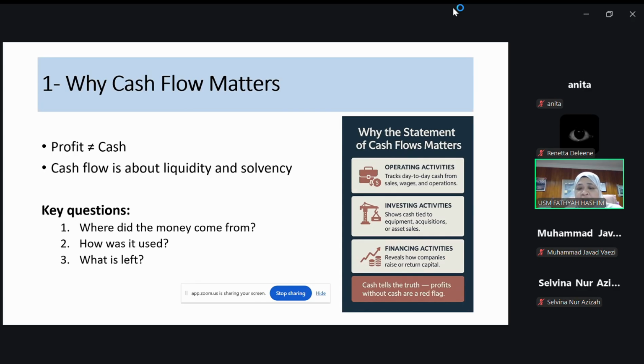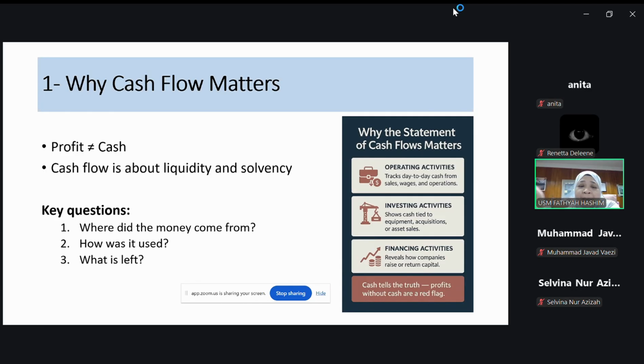So the users of accounting information would be interested to understand our cash flow statement before they make a decision whether or not to continue investing in the company, or whether or not to give credit terms to the company, when a supplier wants to give extra credit. So they might want to look at the cash flow statement.